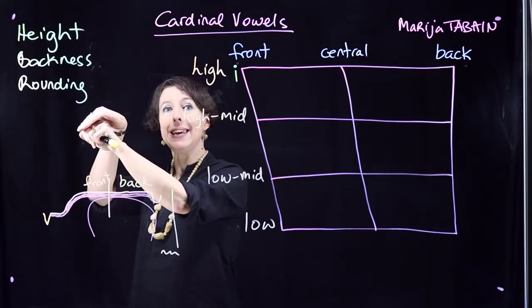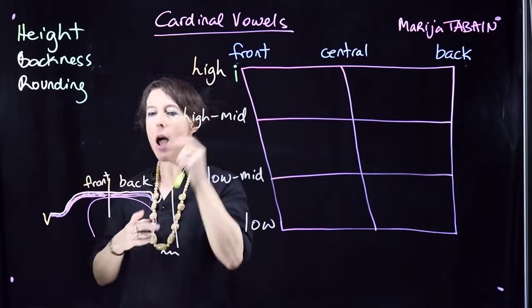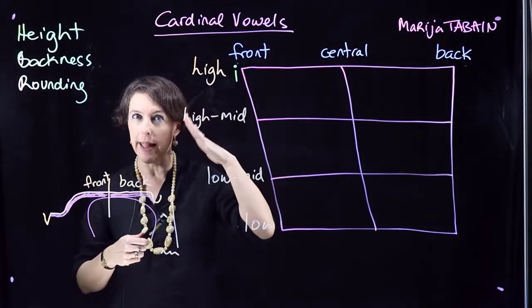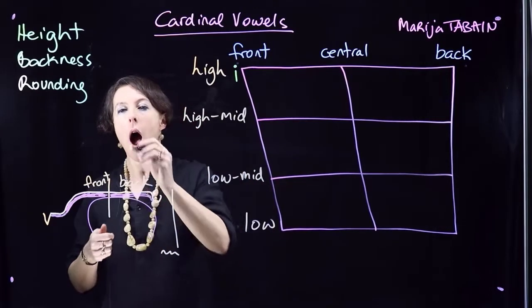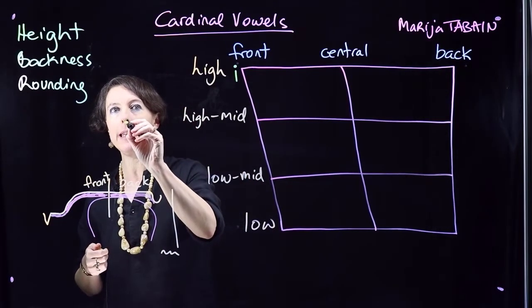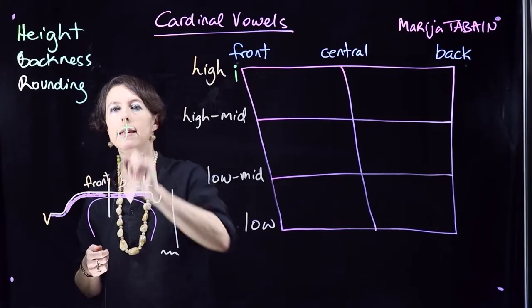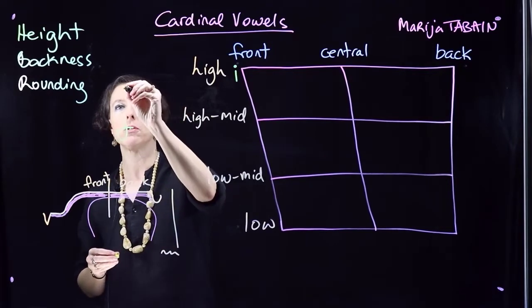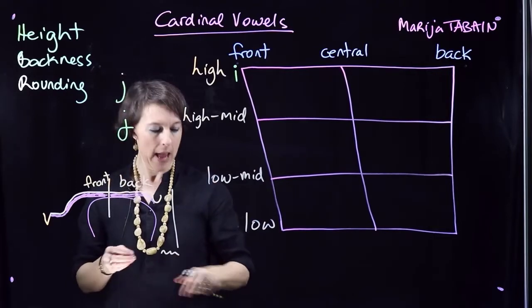Now, you might hear that I'm actually tipping over a little bit into frication there, okay? I might be tipping over into [ʝ], the voiced palatal fricative, if you remember that one, which is the fricative version of Y.